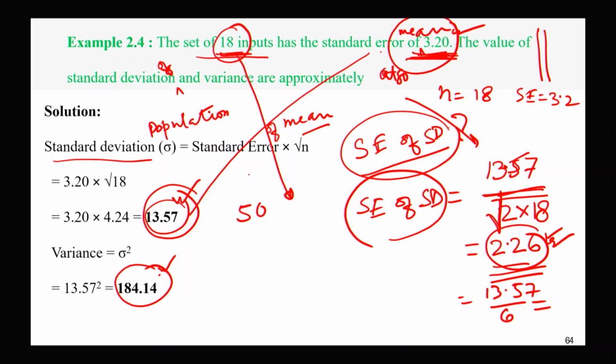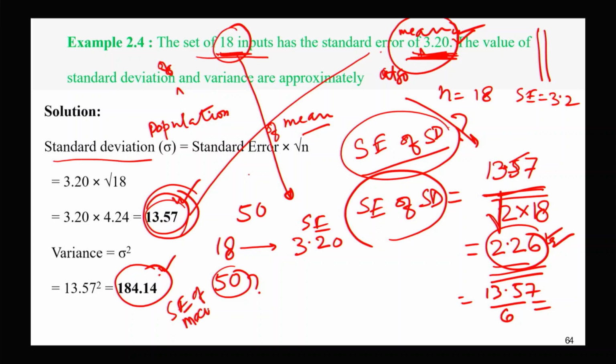Now the question is, 18 readings give the standard error of 3.20. What will be the standard error when we have got 50 readings? The same calculation applies.